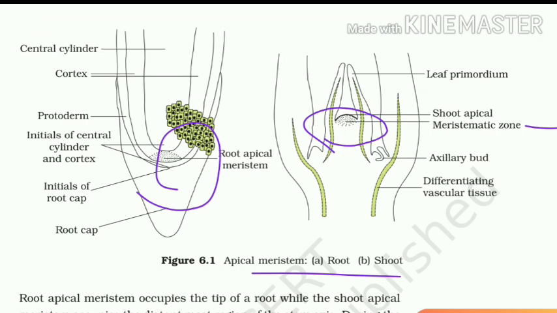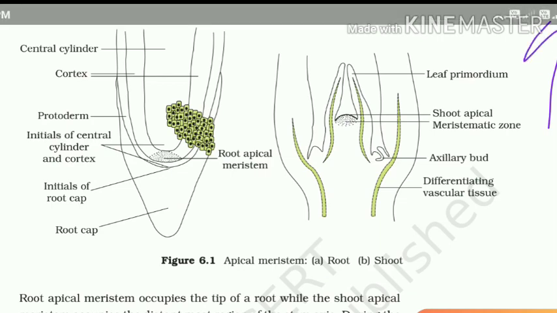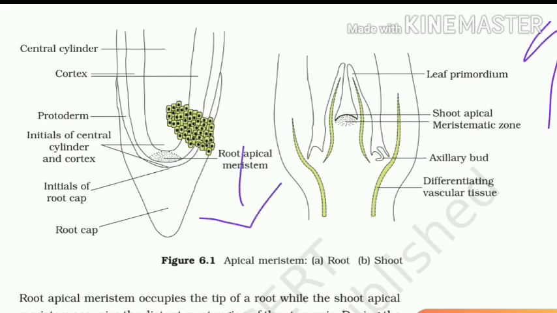What is the function of shoot apical meristem and root apical meristem? They grow or elongate the root as well as the shoot. The direction of the shoot apical meristem is upwards, and the root apical meristem is downwards. Only the function is to elongate.